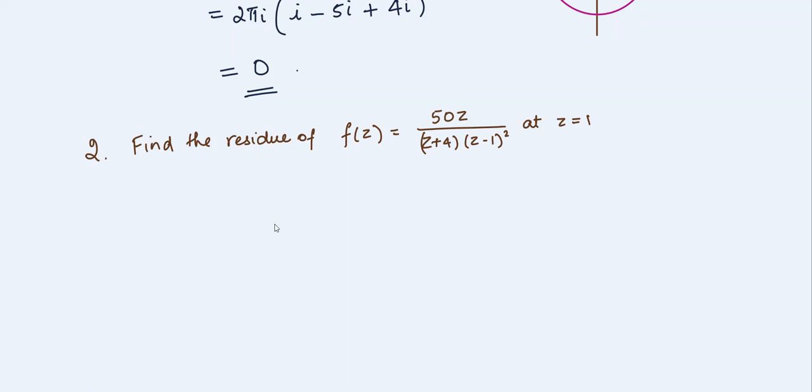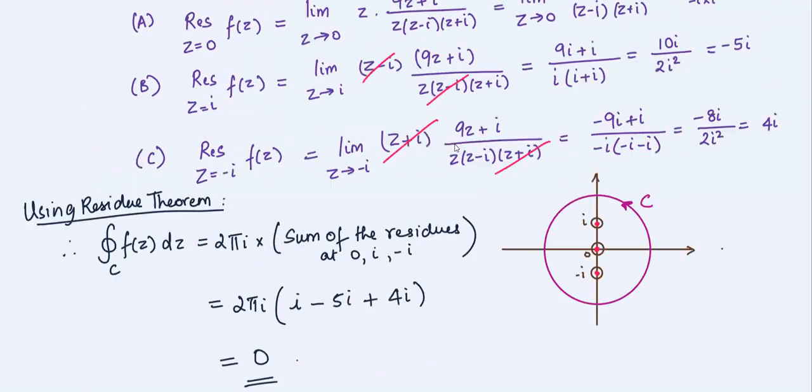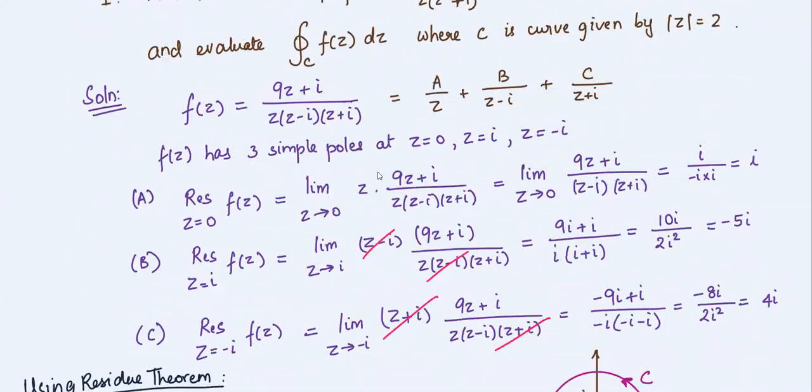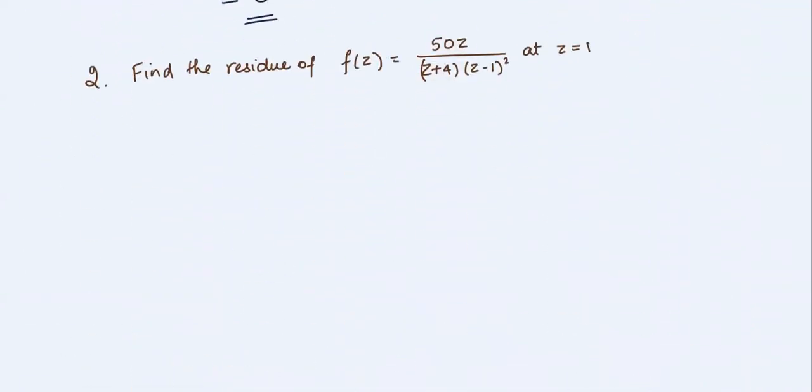Now we will have to use this formula. This is second order. I'll go by two methods. We will have to use this one because f(z) has a second order pole at z equal to 1.